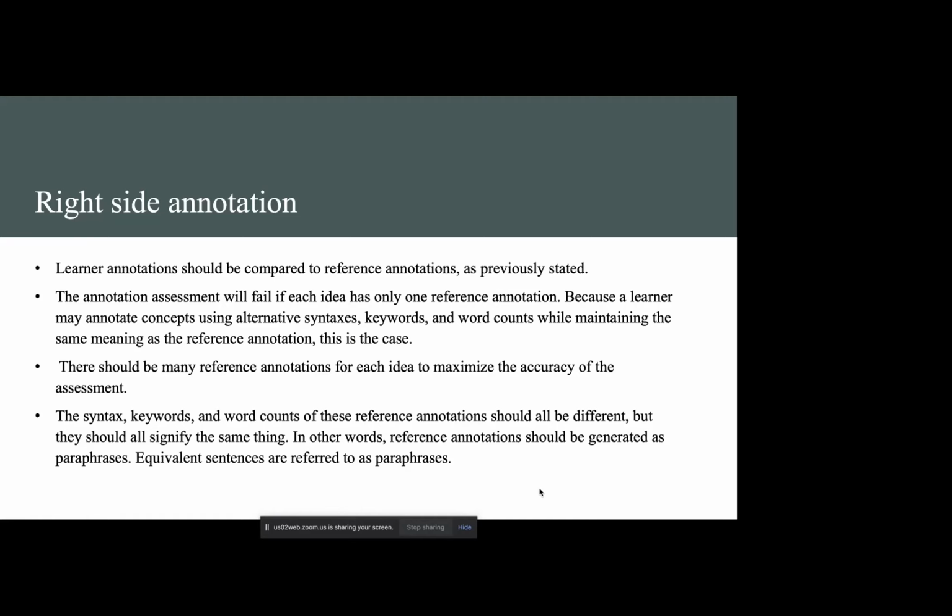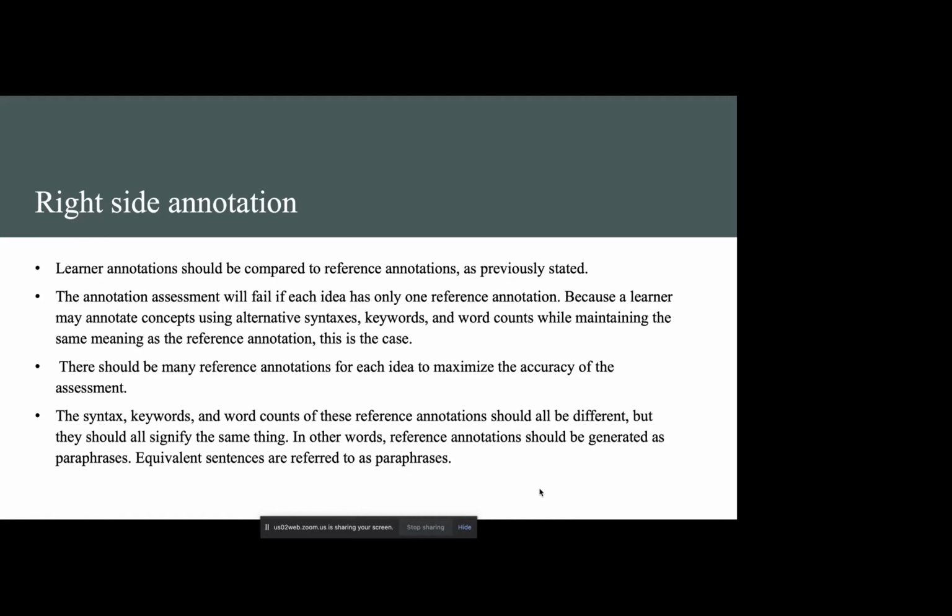This is the case here. There should be many reference annotations for each idea to maximize the accuracy of the assessment. The syntax, keywords, and word counts of these reference annotations should all be different, but they should all signify the same thing.